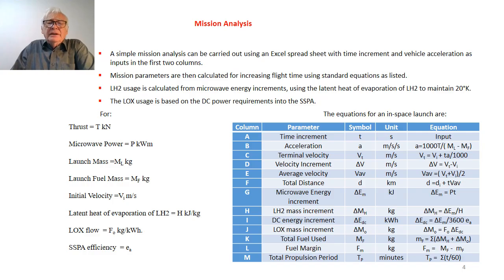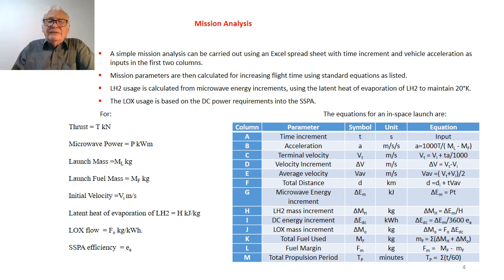To calculate the fuel mass that you're using at each stage of the mission, you need to effectively know the microwave energy that you have used during that time increment. This enables you to calculate the amount of liquid hydrogen you've used to keep the thruster itself cool at 20 degrees Kelvin.